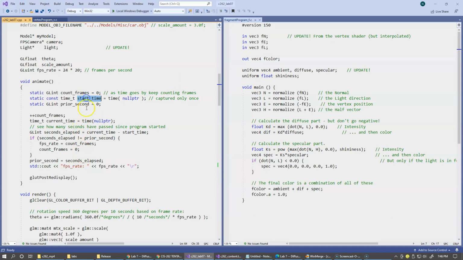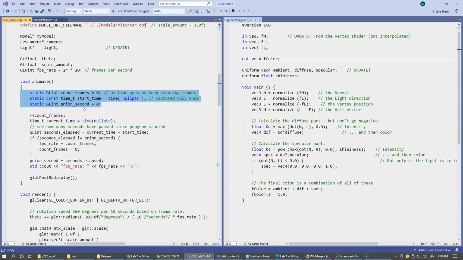We also capture the start time when the program starts executing, and we also get the current time. And then here we measure how many seconds have elapsed since the program started. And you can see that these variables in our function body are declared static.